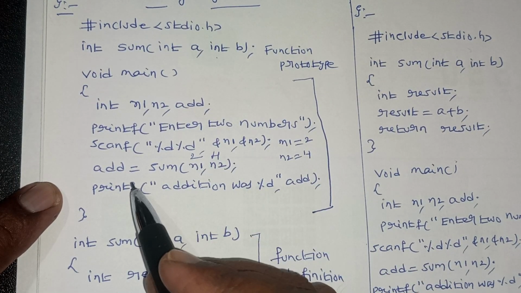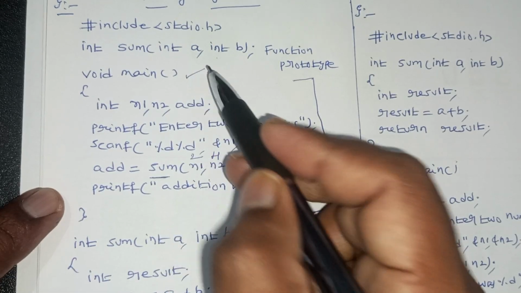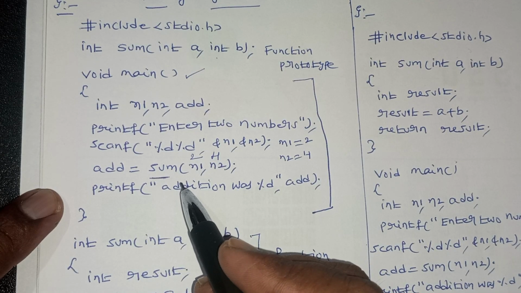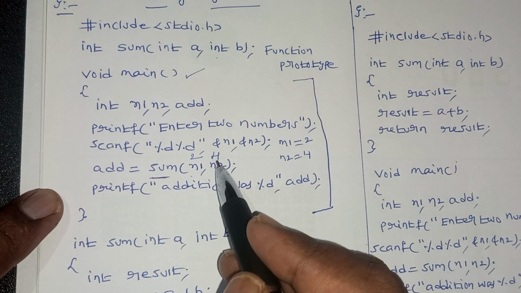From the main function I am calling the user defined function sum, with n1 equal to 2 and n2 equal to 4.